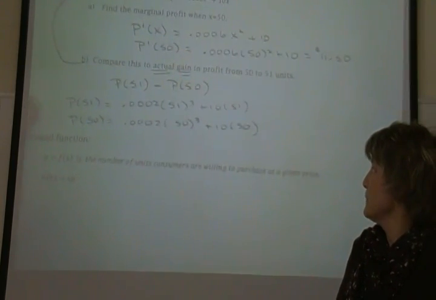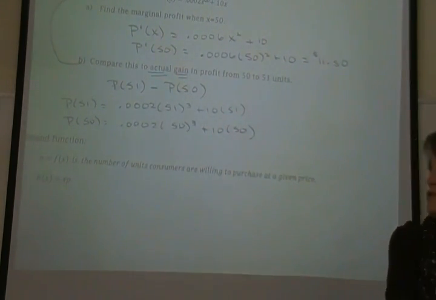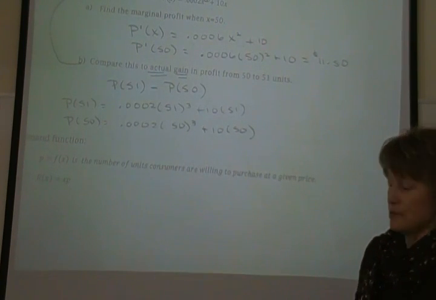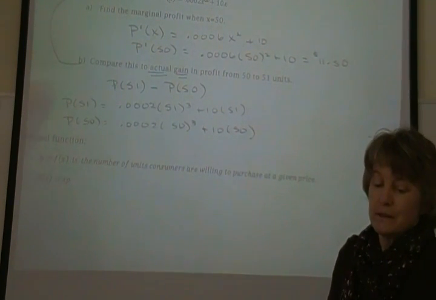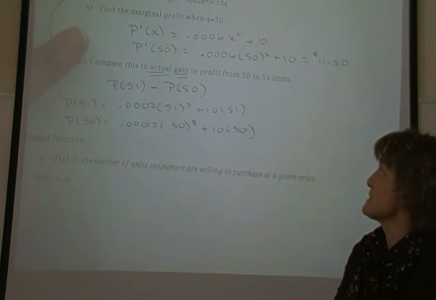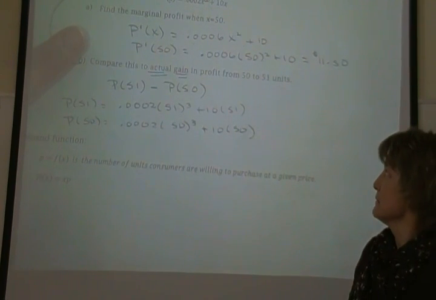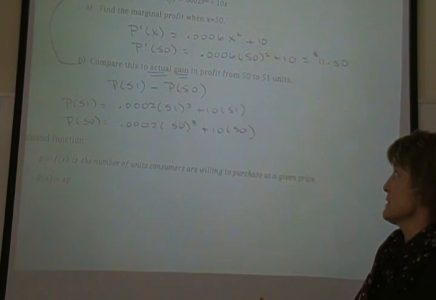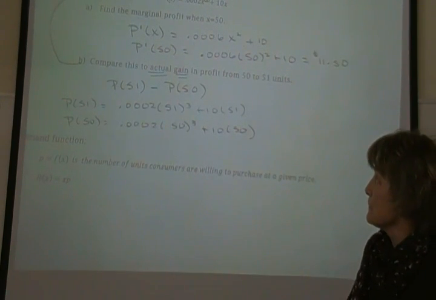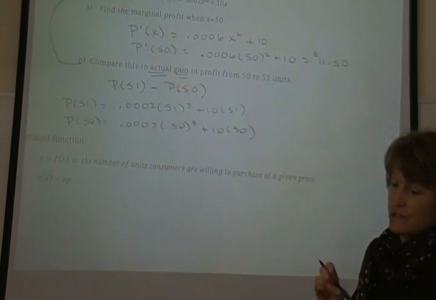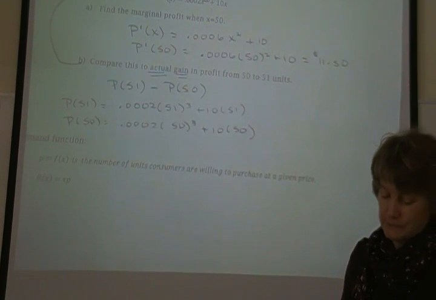So I'm going to calculate both of these values and then subtract, and I'll figure out my actual gain. The marginal is what I'm expecting to happen when I go beyond the 50 units that I've sold. The actual gain is what actually happened with my profit function.